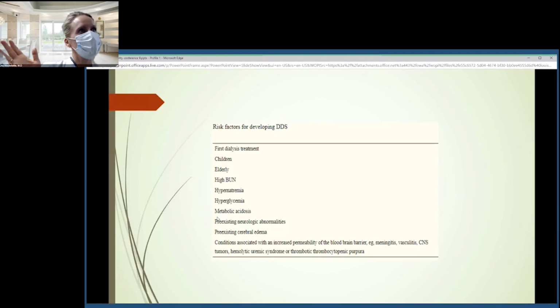Some people recommend using lower bicarb baths in these cases. And intracranial metabolic acidosis increases the risk of edema.